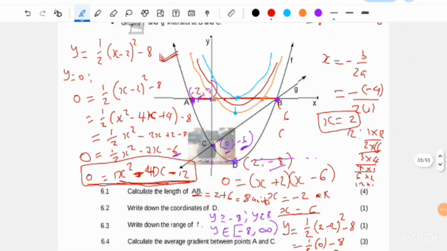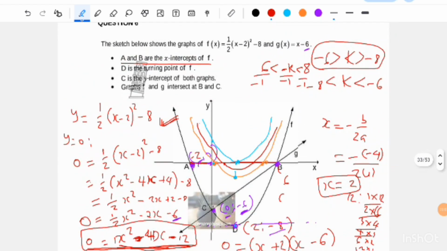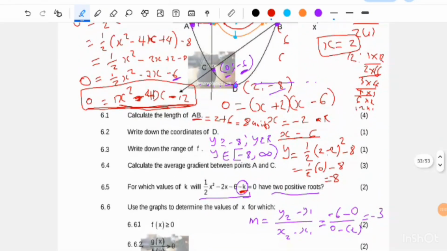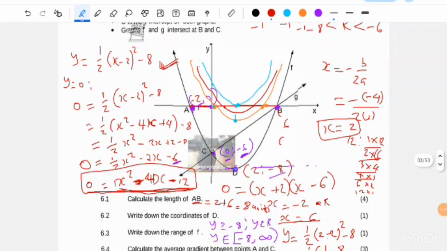For your graph to be greater than or equal to 0, what then does it mean? It means your graph should be above the x-axis. In fact, they are actually saying that for which values of x is your graph above the x-axis.